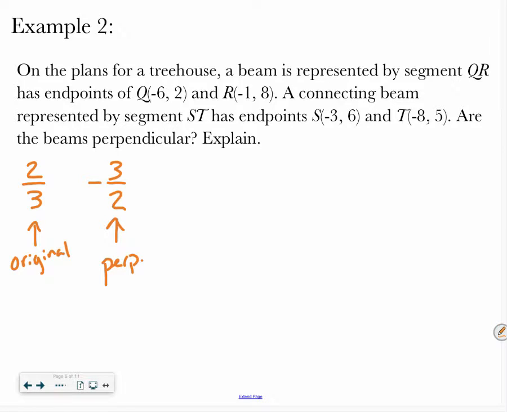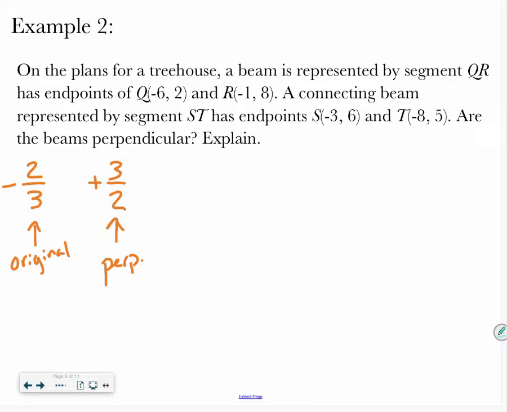See how my fraction flipped and it went from positive to negative? That is what happens in order for a slope to be perpendicular. Had it started as -2/3, my reciprocal would be a positive 3/2. So you always flip. If it starts as a negative, it becomes positive. If it starts as positive, it becomes negative.